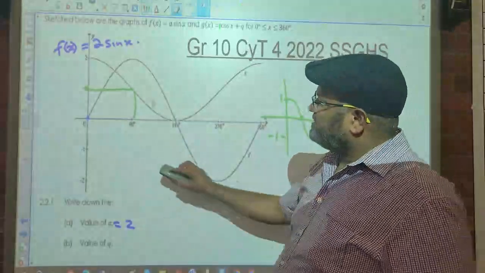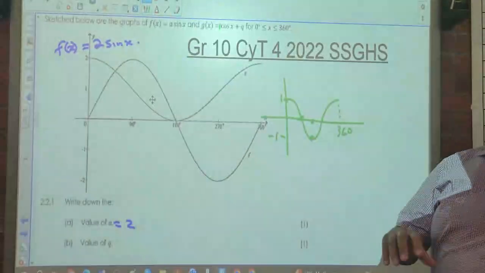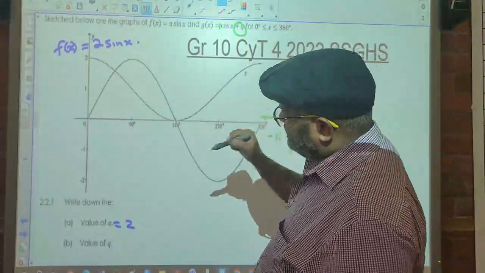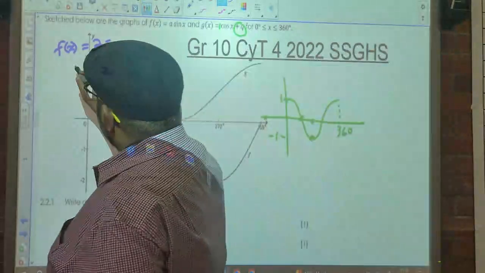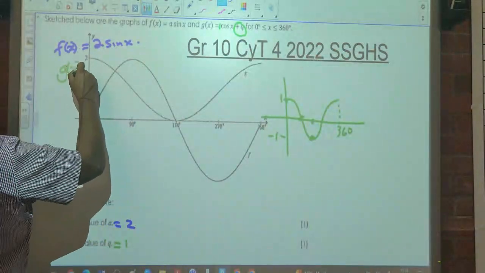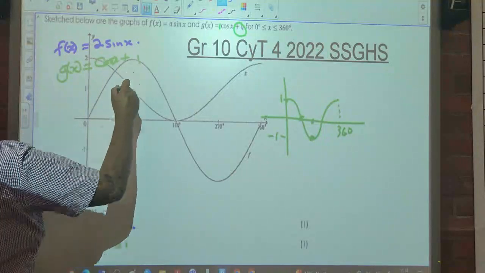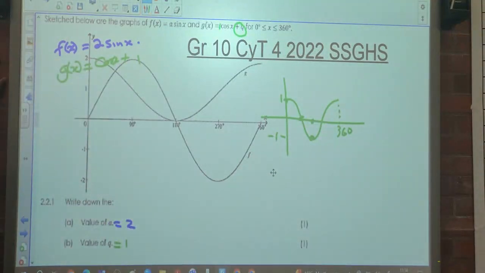So what do you notice about this graph? It shifted 1 unit up. And this is to do with the Q value. Can you see that? So your Q value is 1. So the g of x graph is, g of x is equal to cos x plus 1. Okay. So that's that.